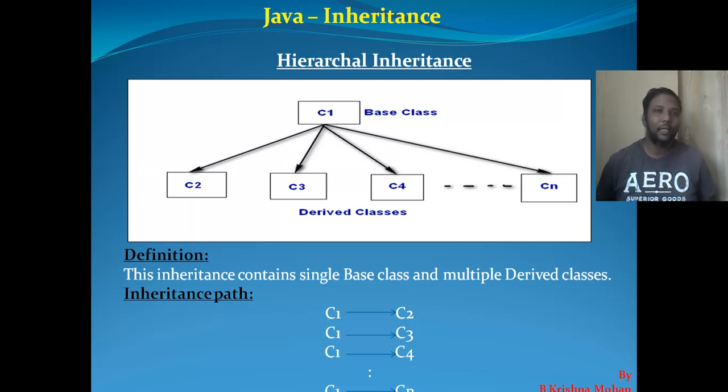Here in hierarchical inheritance, there will be one base class and a number of derived classes, and the path will be in this way: C1 to C2, C1 to C3, C1 to C4, and so on, C1 to Cn, so n number of classes. So here the base class is the same, the derived classes are different. It is a one-to-many sort of relationship.